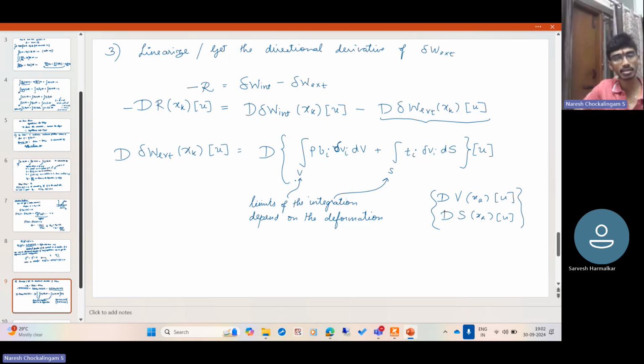So instead, what we can do is pull everything back. Finding the directional derivative of the virtual work quantities in the spatial configuration is difficult because the limits of the integration depend on the deformation itself. Therefore, use the pullback operation.